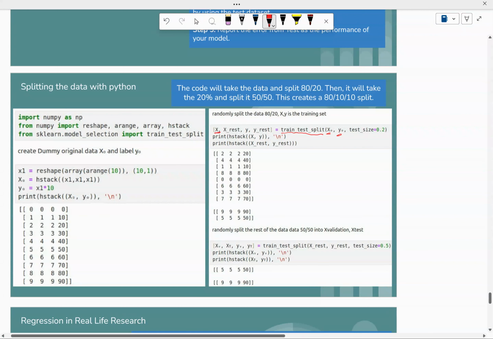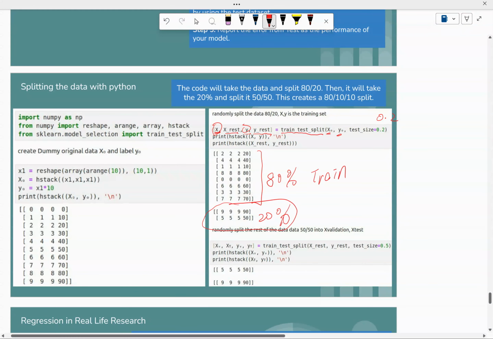So this is train, and then there's the rest. So this gives you the x. So this, what I pick, test size. So I say test size is 20%, and the result is you're going to get 80% here, and you get 20% here. So now this is your train.